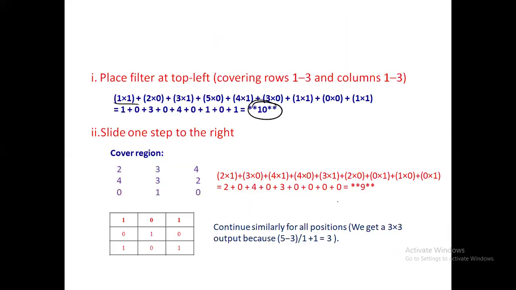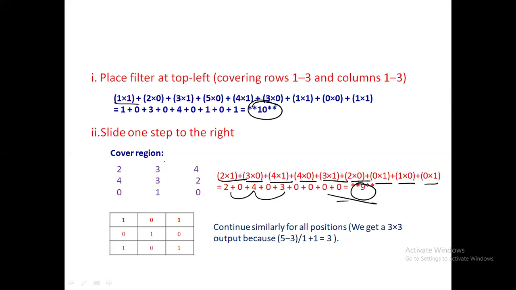The value we got in this case: 2 plus 0 plus 0 plus 4 plus 0 plus 3 plus 0 plus 0 plus 0 plus 0. So the value is 2 plus 4, 6, 6 plus 3, 9. 9 we got for the second stride.